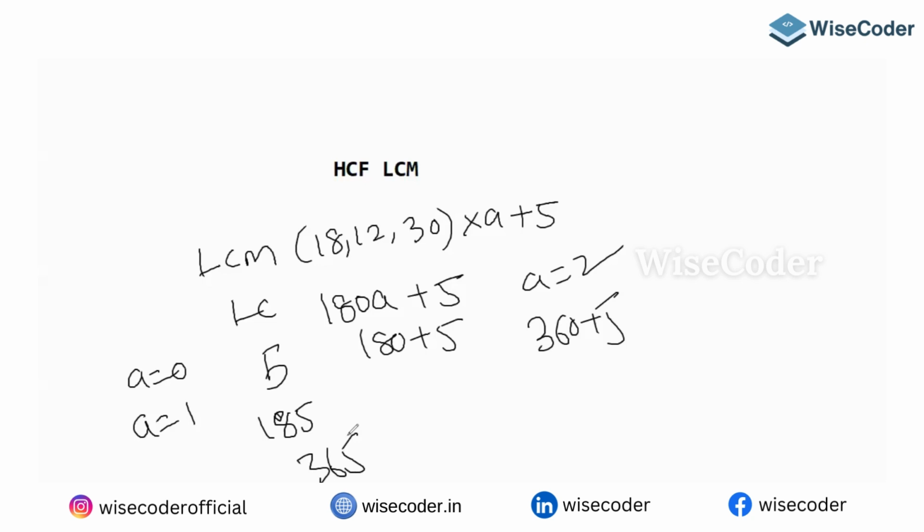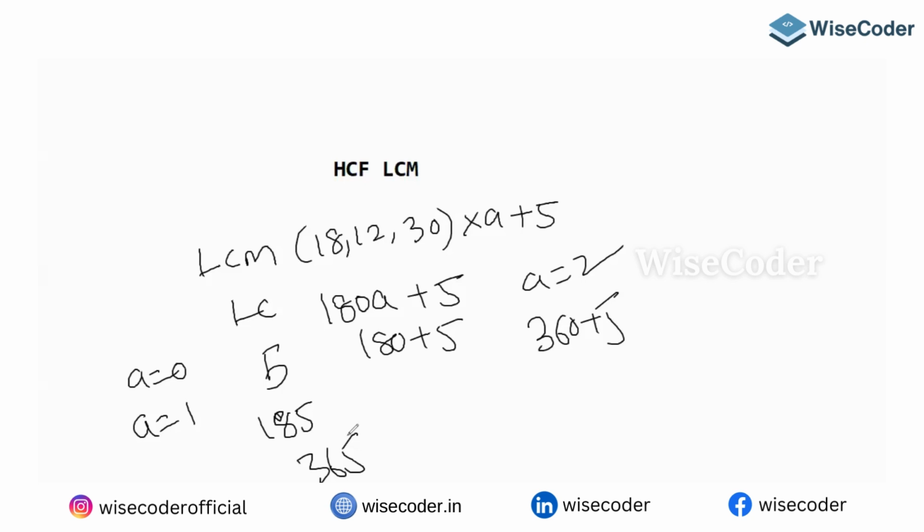If you want, you can write it in an algebraic way. The number equals 12a plus 5, 18b plus 5, 30c plus 5. So 12a equals n minus 5, 18b equals n minus 5, 30c equals n minus 5.